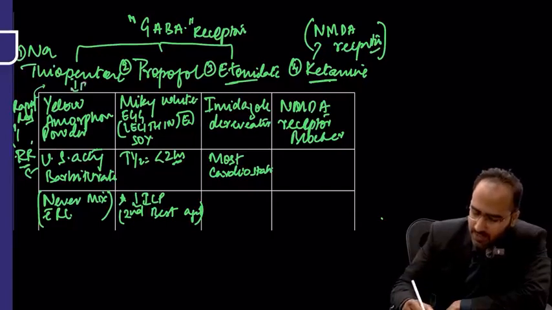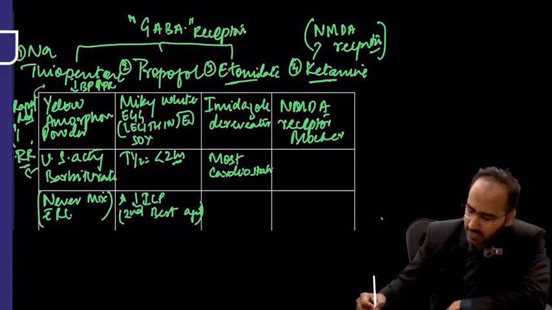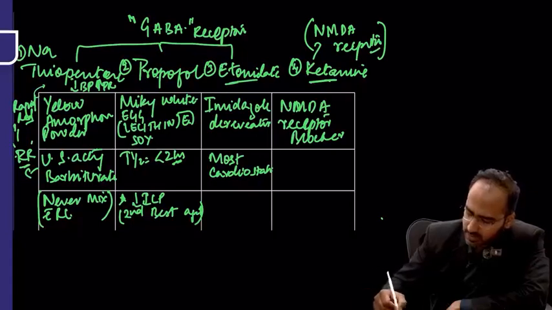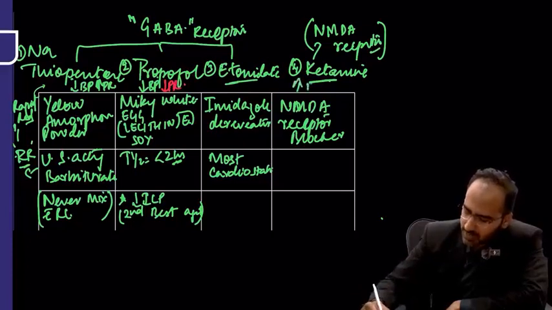Thiopentone will cause hypotension and tachycardia. Whereas propofol will cause hypotension and bradycardia. Ketamine will cause hypertension and tachycardia.